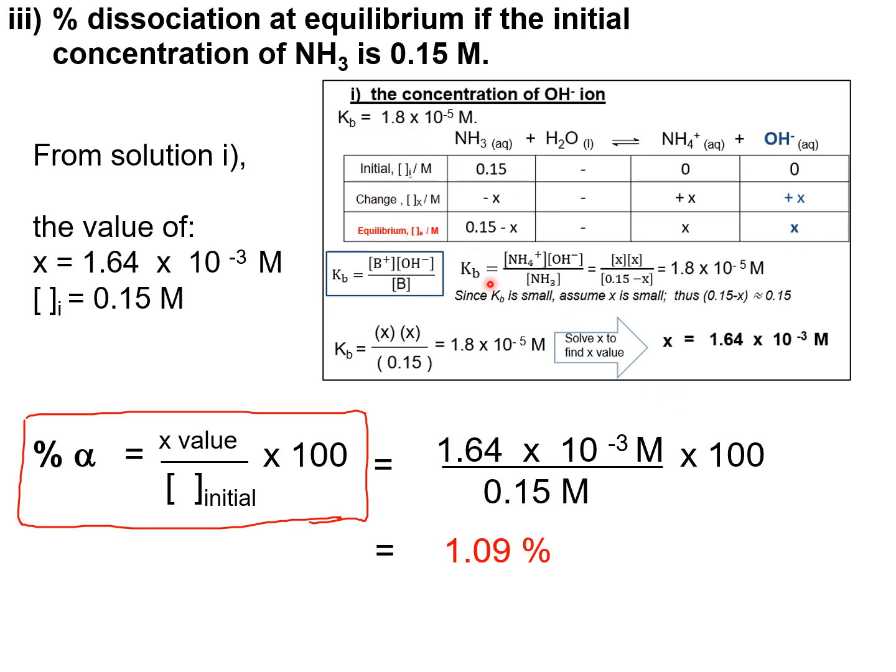Okay, where after kita dapat rise table and so on, kita dapat jumpalah nilai X adalah 1.64 kali 10 kuasa negatif 3 molar. Okay, concentration initial dah dibagi dalam soalan, which is 0.15 molar, kalikan saja dengan 100, therefore you will get the percentage of dissociation at equilibrium if the initial concentration of NH3 is 0.15 molar is 1.09%.